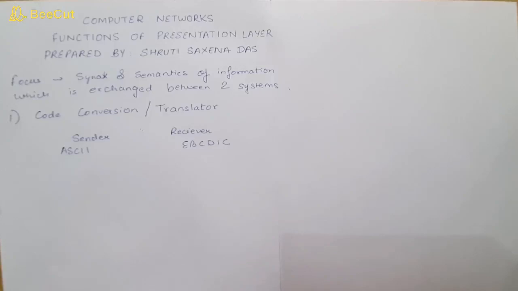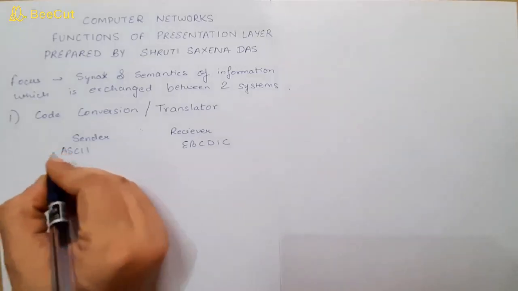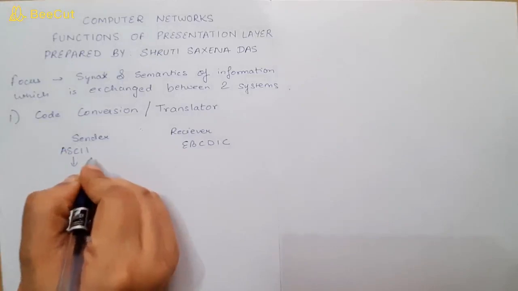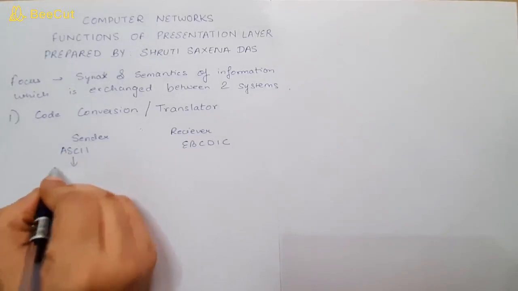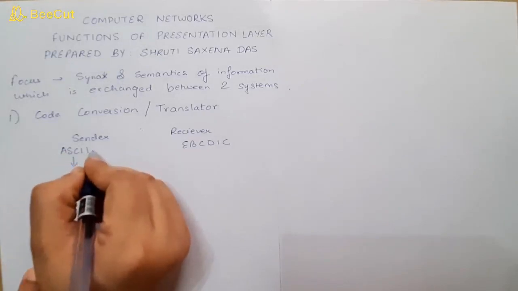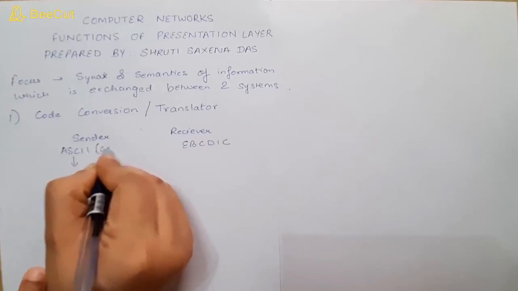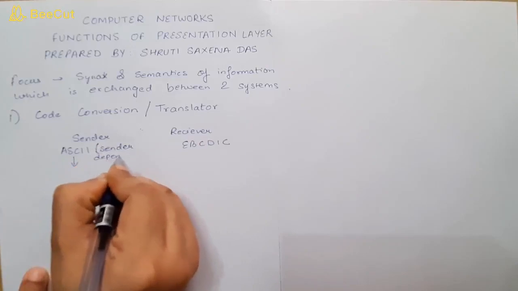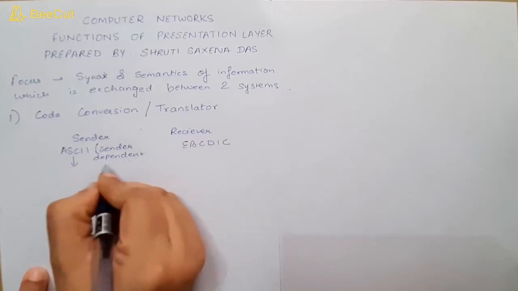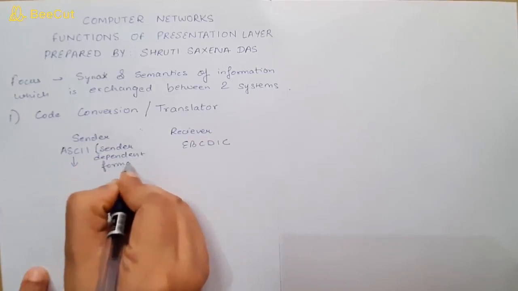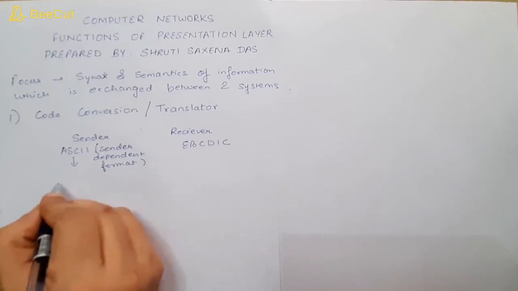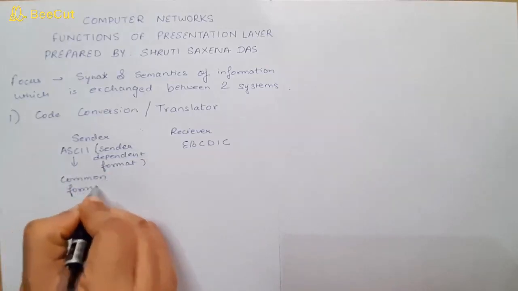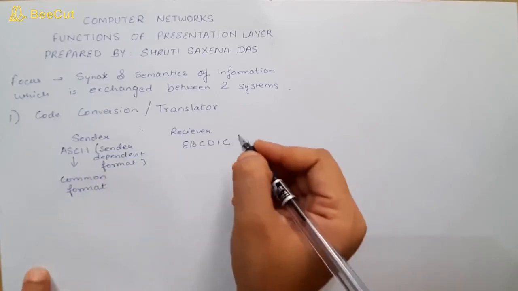So the presentation layer at sender changes the format from the sender dependent format, ASCII code being the sender dependent format in this case, to the common format in which the information will be sent.